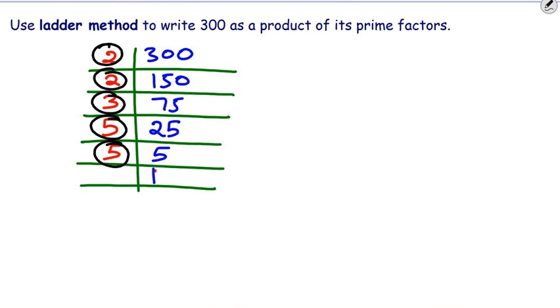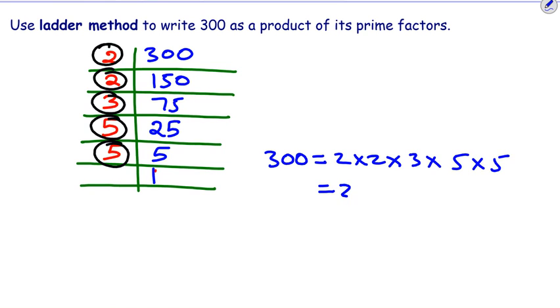So you can summarize our solution by saying that 300 is equal to 2 multiplied by 2 multiplied by 3 multiplied by 5 multiplied by 5, which is 2 squared multiplied by 3 multiplied by 5 squared. And again, you can notice that we end up with the same answer as what we had in the previous 2 questions. So these are all different ways on how you can write a number as a product of its prime factors.